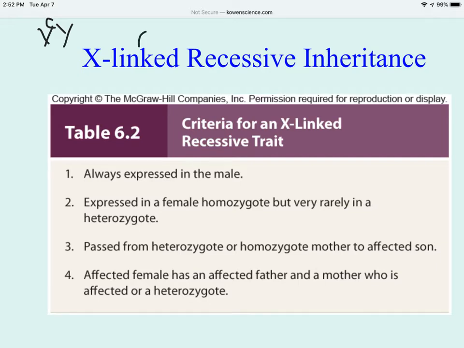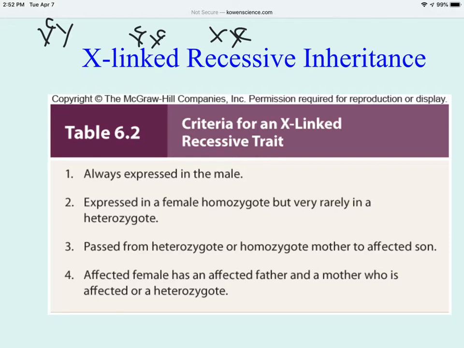For a female to have it, she has to have the trait on both X chromosomes. So she has to get it from both mom and dad. If she gets the trait on only one X chromosome, and it doesn't matter which way we draw that, but if she's got it on one of those, then she's a carrier. She can pass it on to her children, but she will not display the trait.